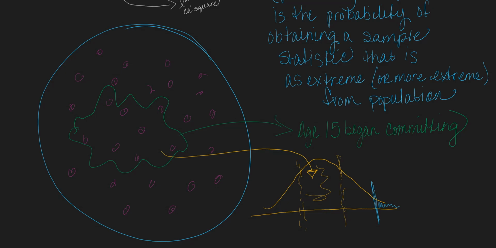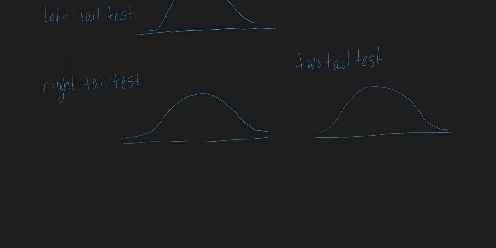Now let's work some things out. So now we have an idea of the test statistic that we're using. And because we could be using a z table, a t table, or chi-square, we need to know what kind of test we're doing. Are we looking for our p-value to be where under a normal curve?